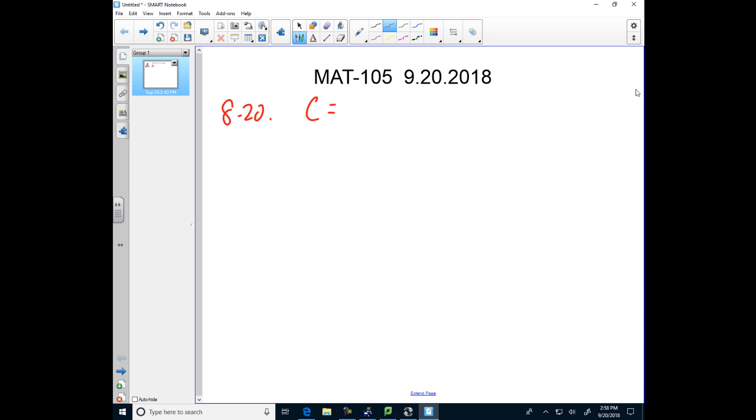C equals 280, excuse me. And we want 85% markup. On what? On cost. It's on the guitar, yes, but it's on cost. And what are we looking for?